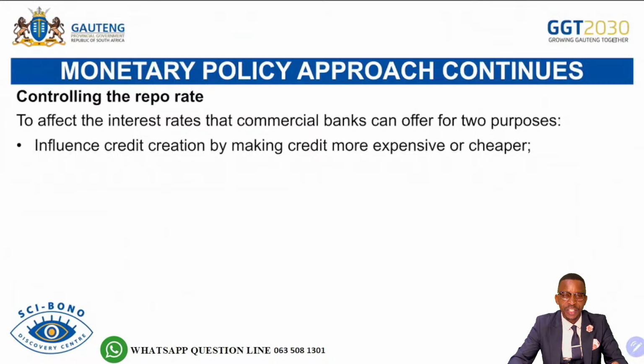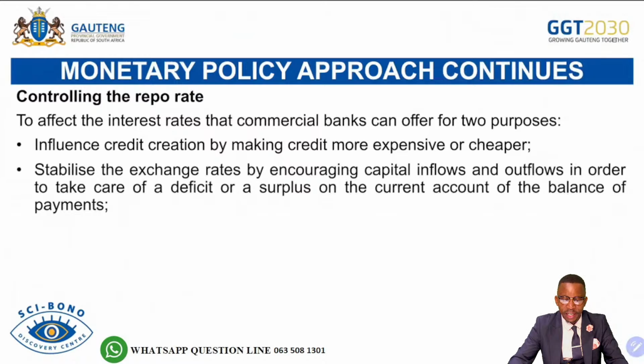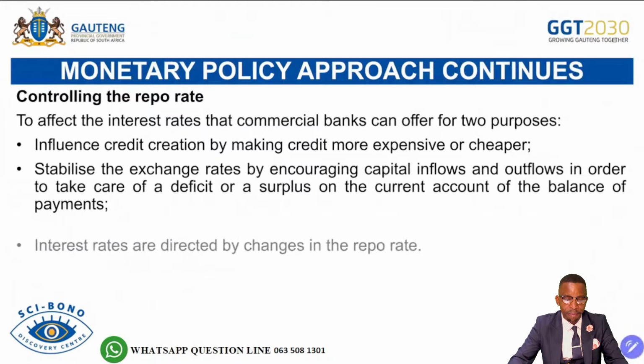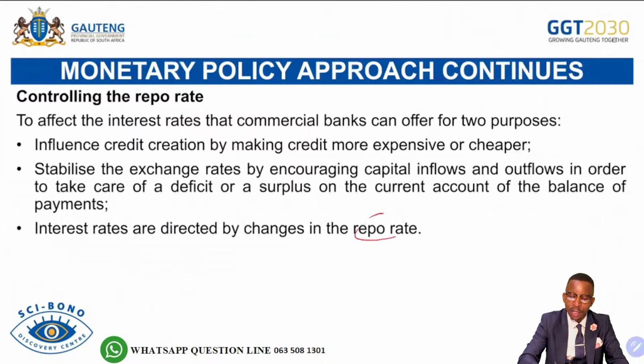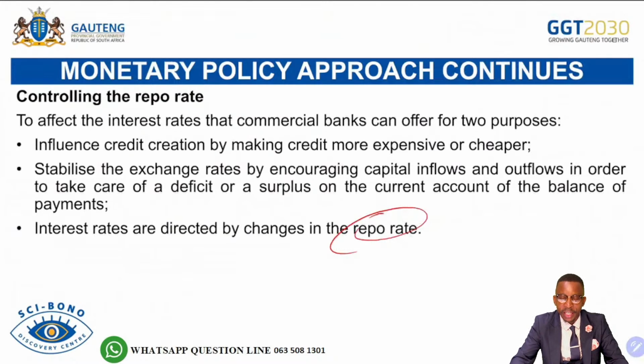If ever the repo rate has been lowered, there will be more borrowing. It also stabilizes the exchange rate by encouraging capital inflows and outflows in order to take care of a deficit or surplus on the current account of the balance of payments. The interest rates are directed by changes in the repo rate. So any kind of interest rate will be influenced by a change in the repo rate.